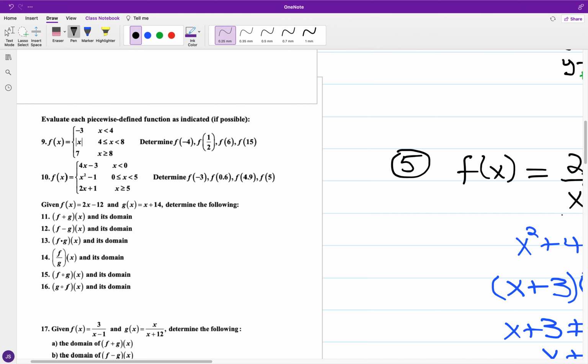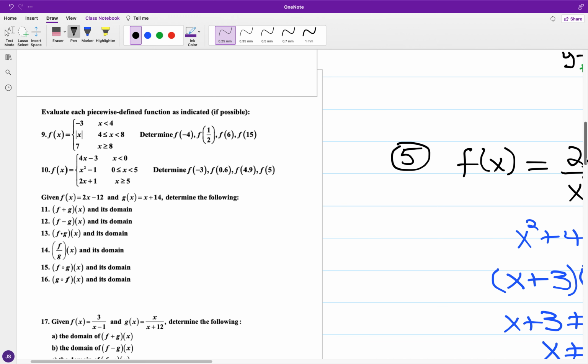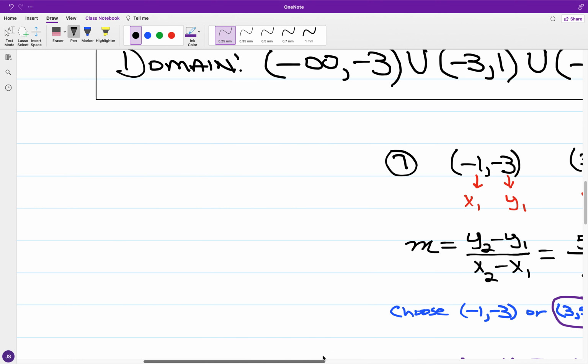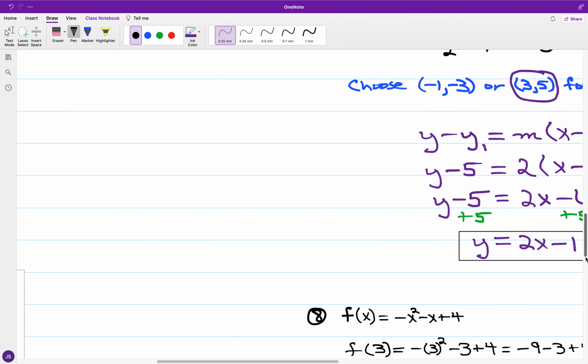And looking at the determination of the following function values with the various inputs.